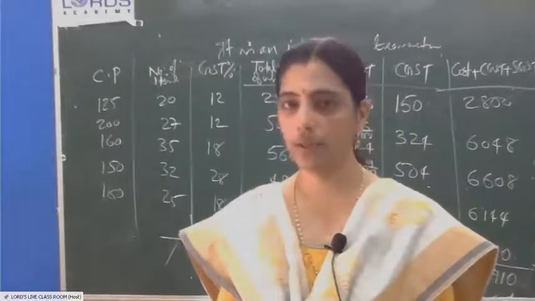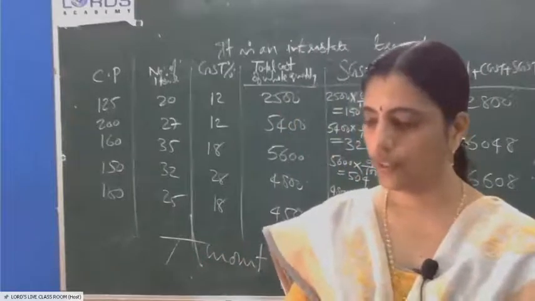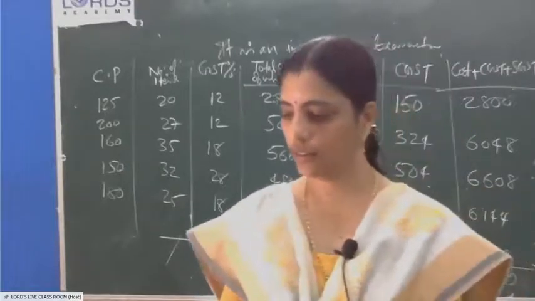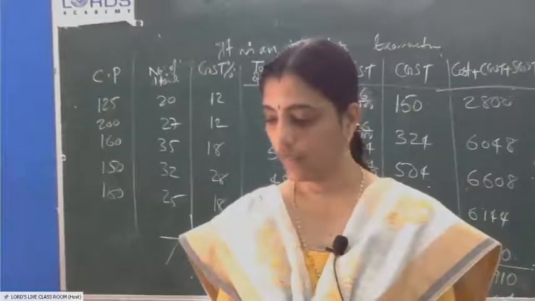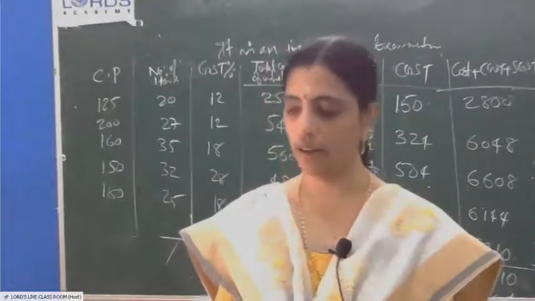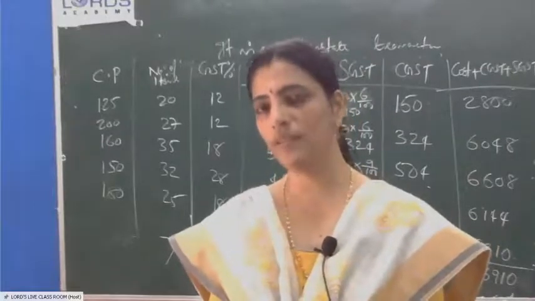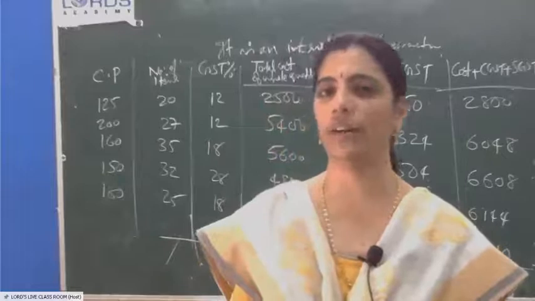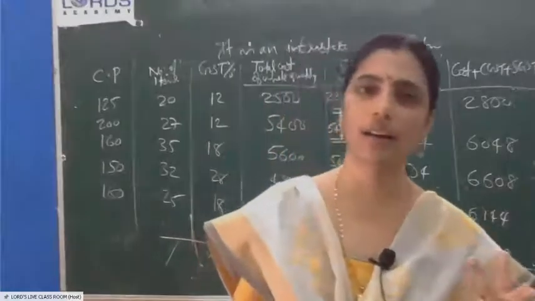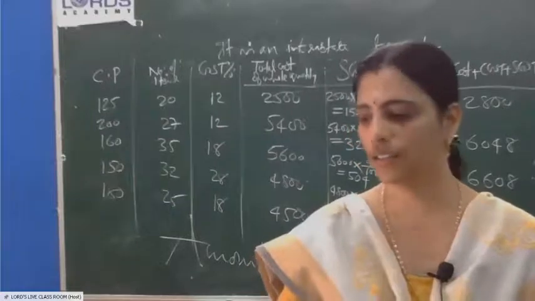Moving on to the last question, last example. A dealer in Delhi supplied goods to a wholesaler in Agra as per the details given below. I told you yesterday, sometimes they won't tell whether it is inter or intra. So by hearing the name of the places, we have to decide.